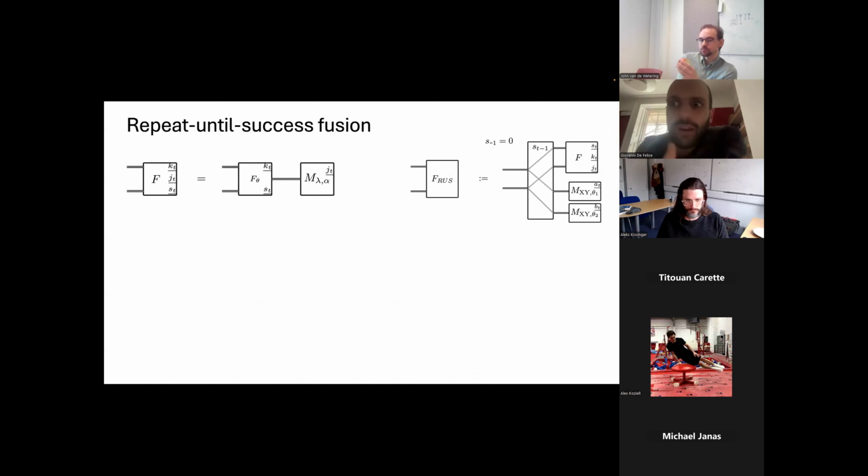Then how can I use it to actually perform entangling operations? Mainly all of the approaches are based on some kind of repeat until success protocol, where you can try again the fusion until you get some entanglement. There are also other ways of boosting the probabilities of success of fusion measurements, which I'm not going to be discussing here.